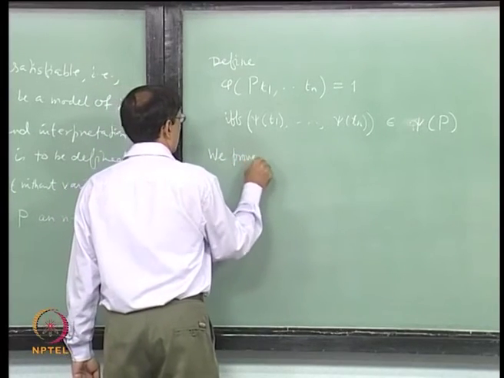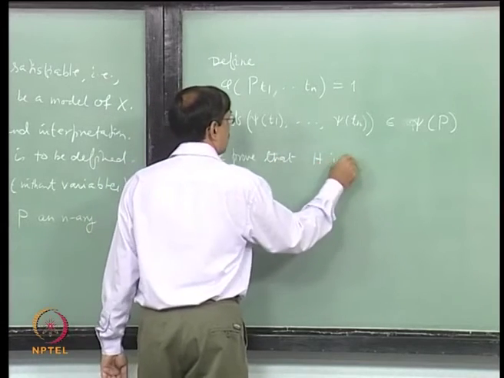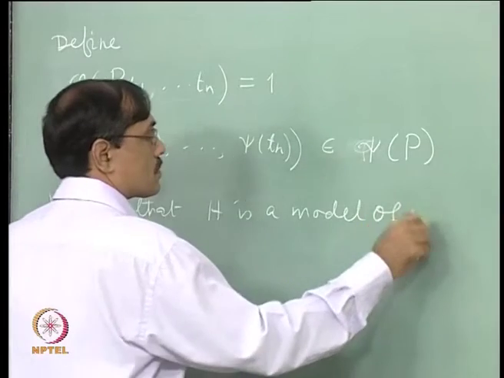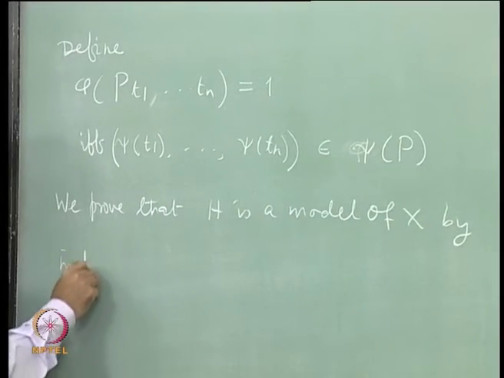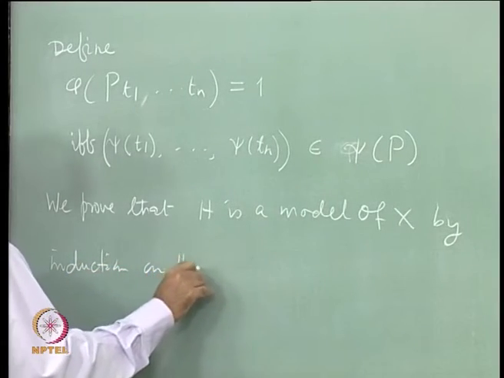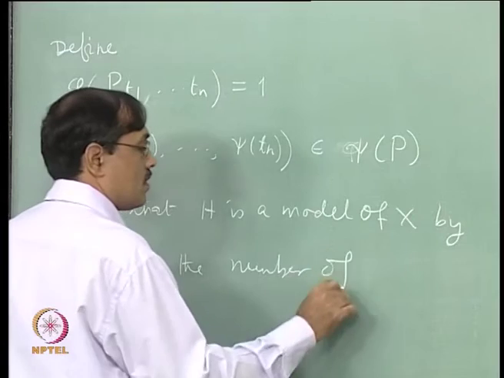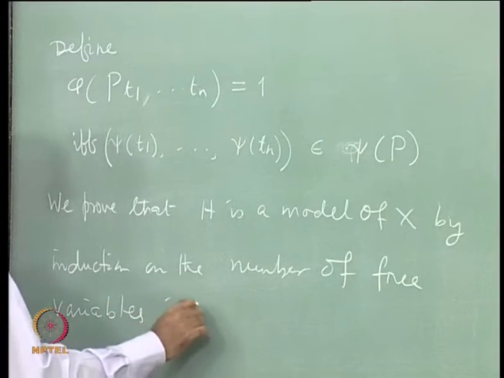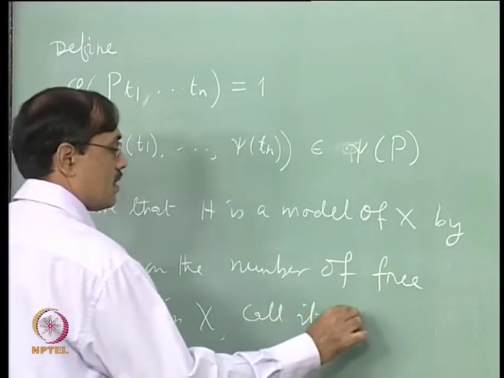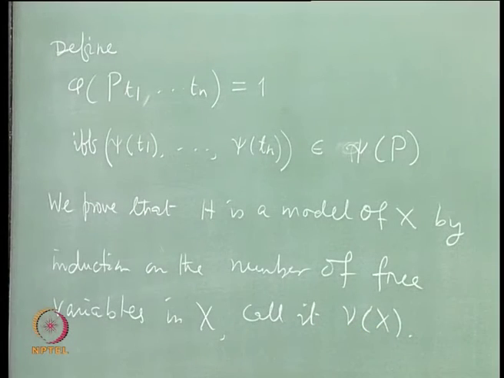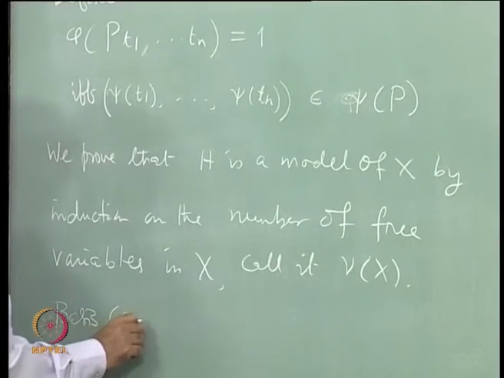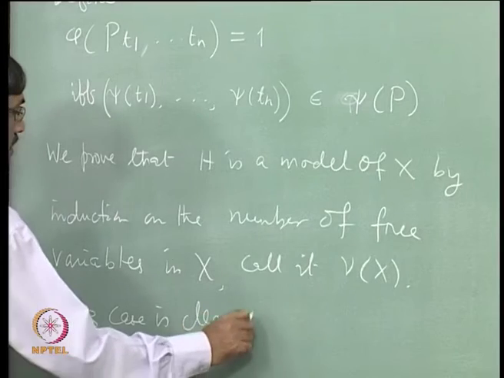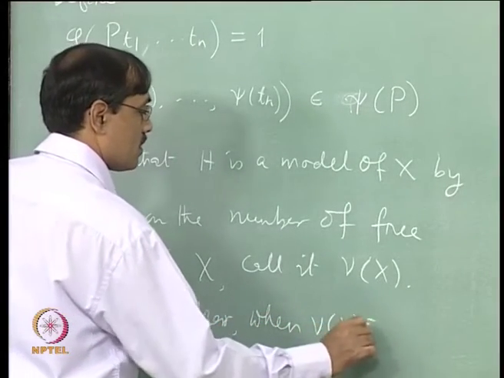So, we prove that H is a model of X by induction on the number of free variables in X, call it say nu X. So, now if nu X equal to 0, it is propositional, so there is nothing to prove, the basis case is clear when nu X is 0.